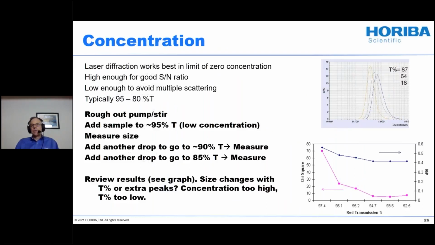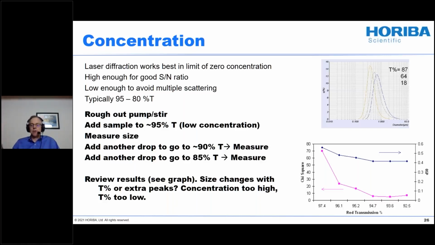Next up is particle concentration. Now we talk about particle concentration in terms of T%, which is percent transmission through the sample cell. So 100% transmission means that there's no particles and no scattering or absorption, and that's just pure dispersion. Laser diffraction works best in the limit of 0 concentration, if you look at the math.